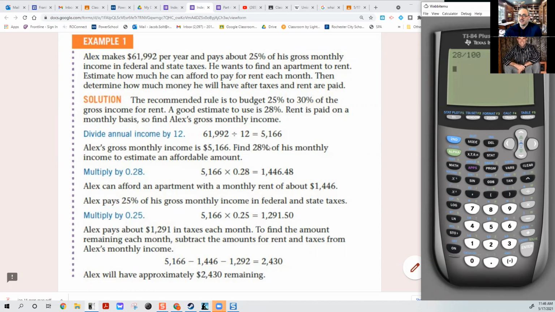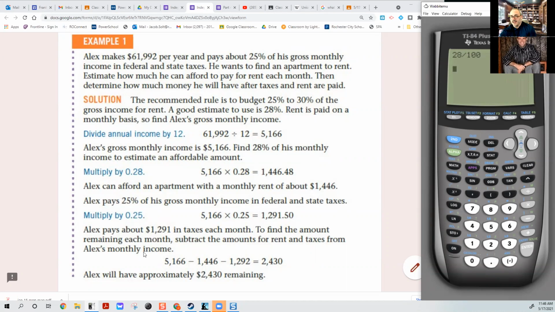They converted it into a decimal out of 1 and used it to multiply by 5,166. So 5,166 times 0.28 gives us $1,446.48.